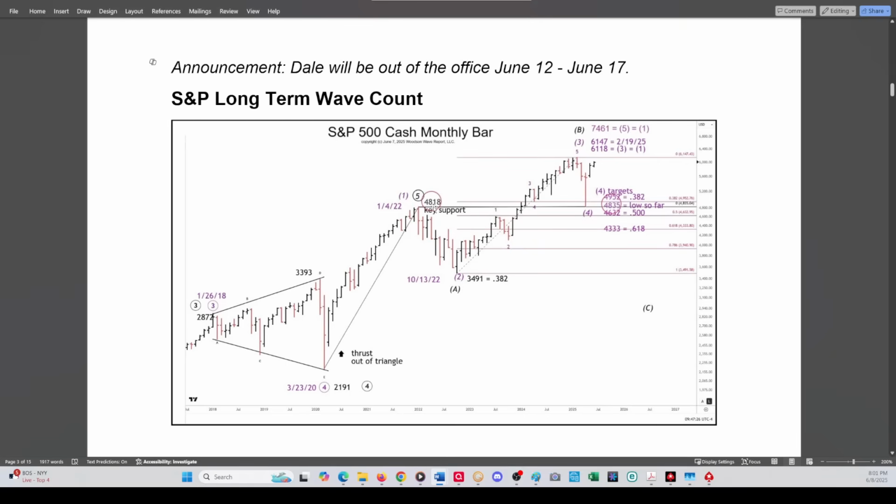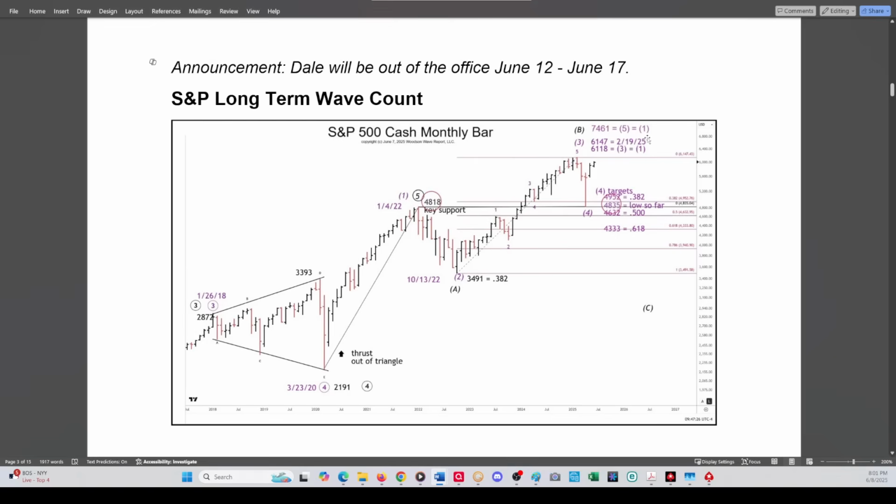The key level here, key support, is the 4818 wave 1 in purple in parentheses high. A move below there means this market is correcting more than this 5 wave advance that you see here. But as you can see, it held and it's going up. So far so good as far as the S&P cash is concerned.